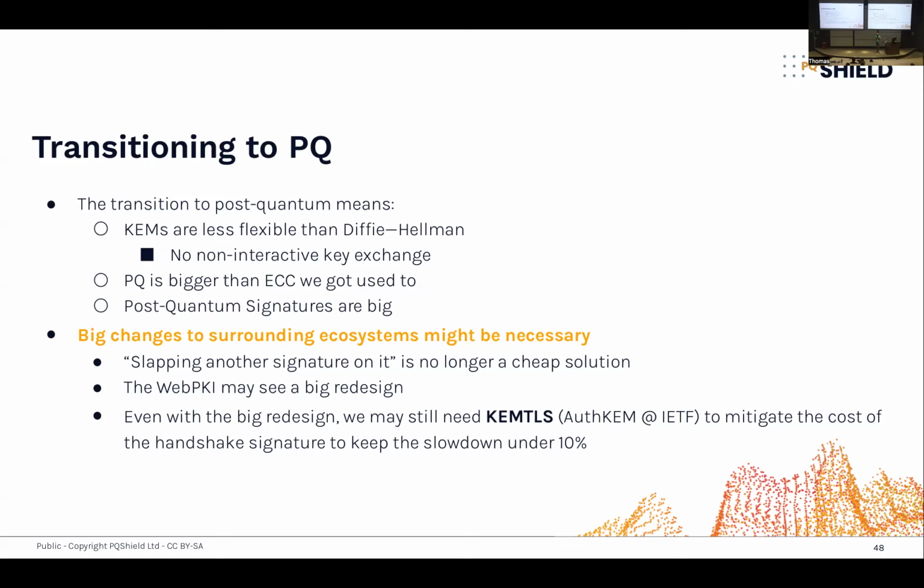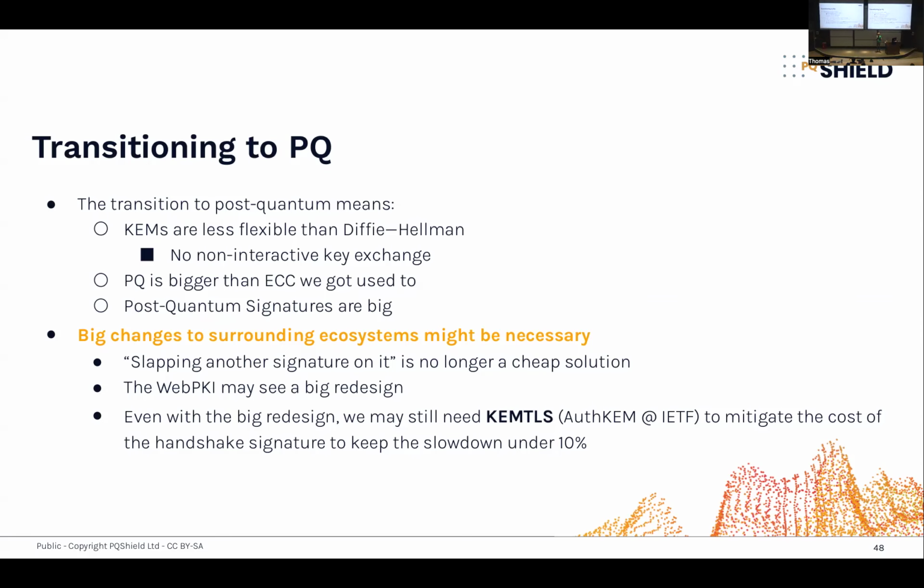Even with all of this redesign of the PKI, we might still need more protocol redesign to get under this 10% slowdown. Basically, my KEMTLS advertisement of this talk. And that was it for me. So I will answer to the best of my ability questions about TLS. Yeah, thanks for your time.